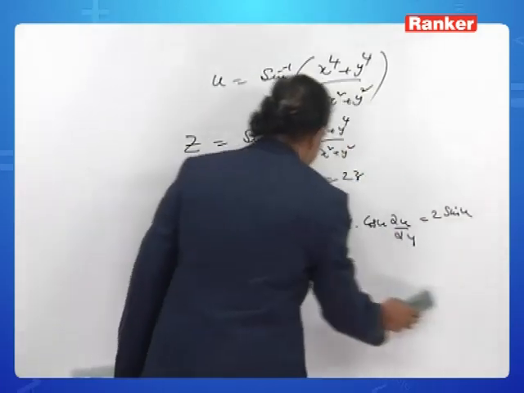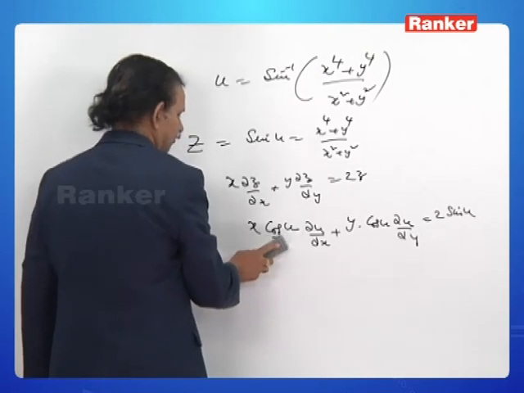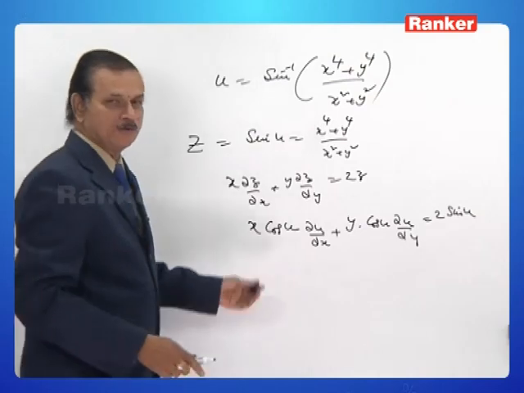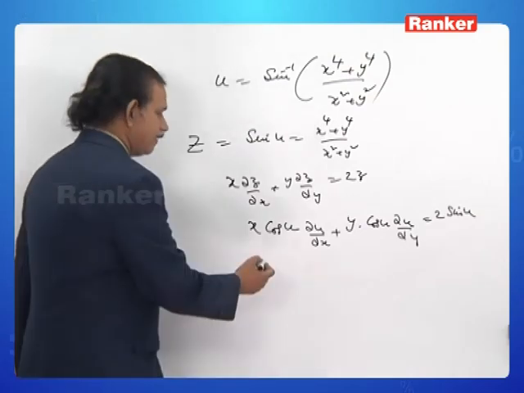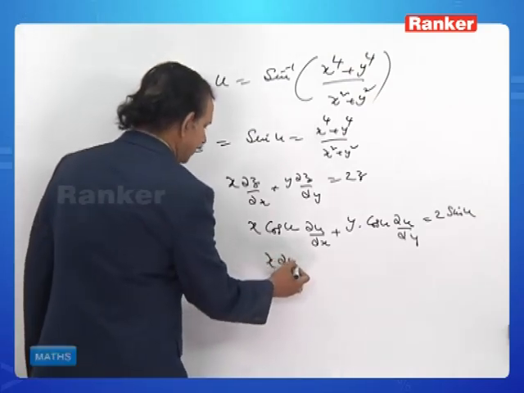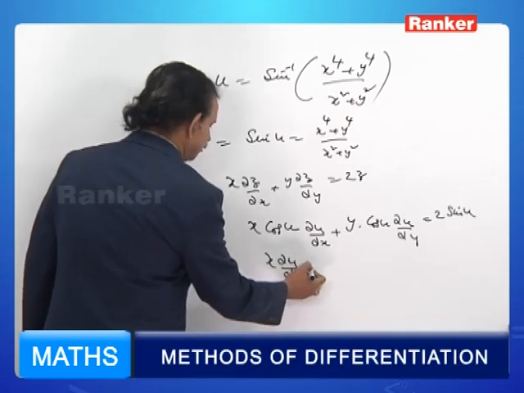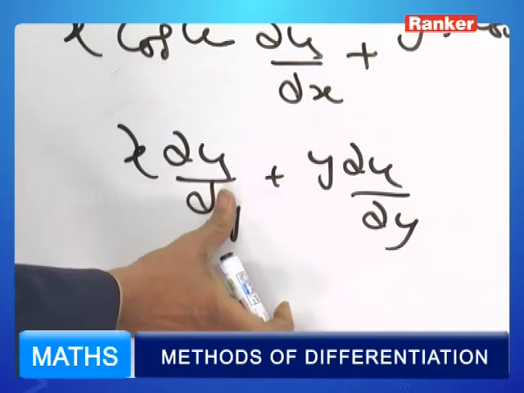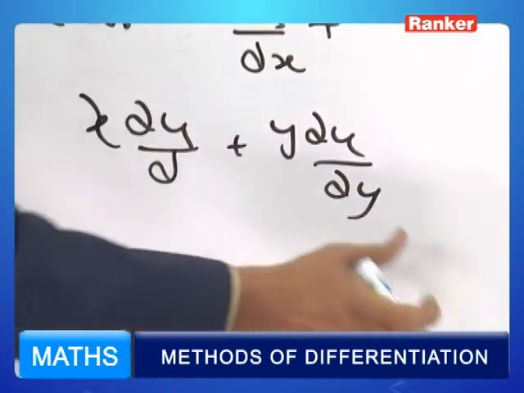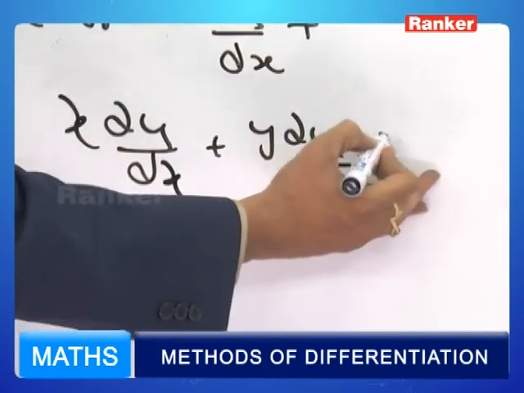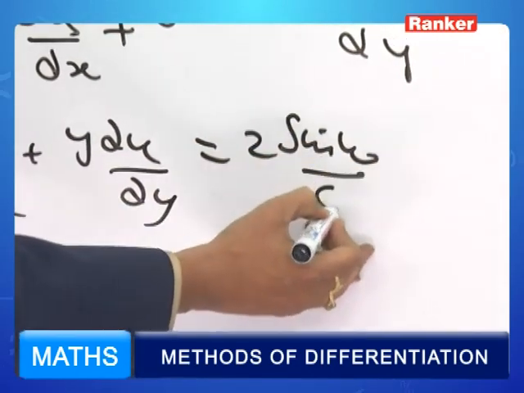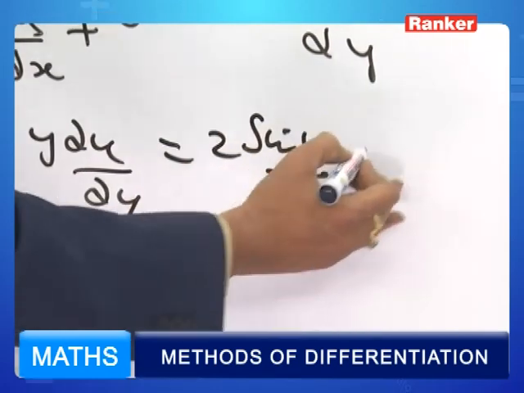You divide entirely by cos u. What is going to happen? X dou u by dou x plus y dou u by dou y is equal to 2 sine u by cos u, which is just 2 tan u.